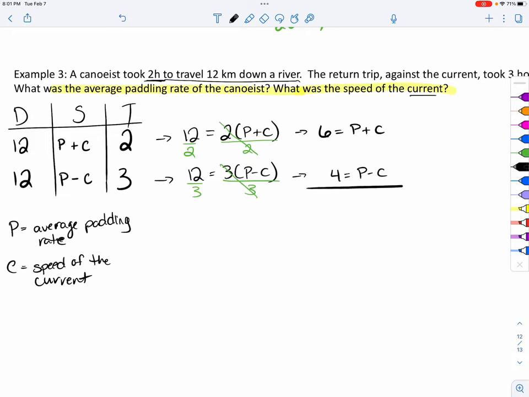You can line them up. If you eliminate, some students think both things disappear. If you subtract, your P's will disappear, but not your C's, because a positive C minus a negative C would leave you with 2 C's.